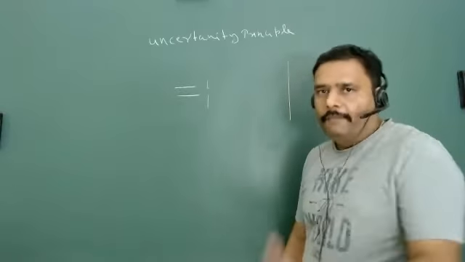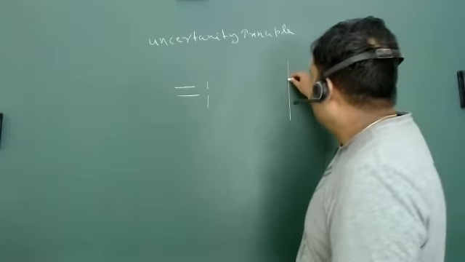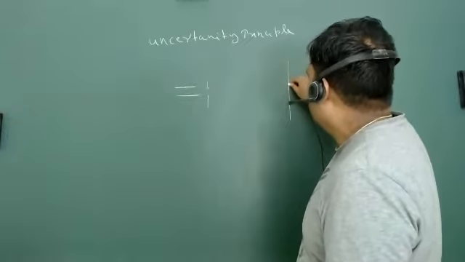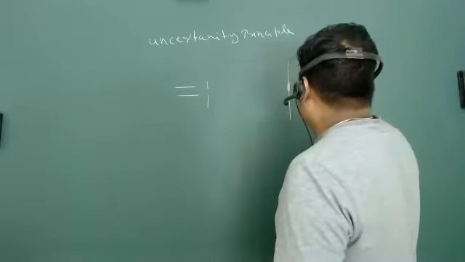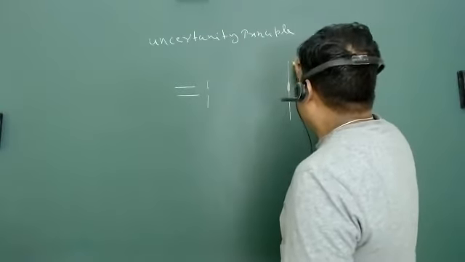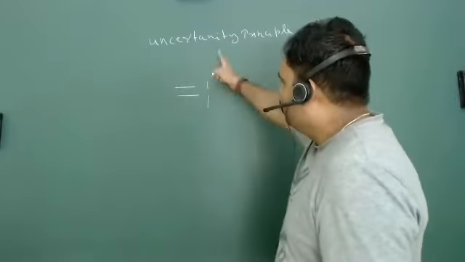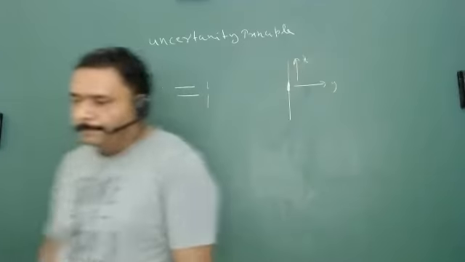What will we see? We will see that there is a spot, and this is your y direction. Let's say this is your y direction, and this is your x direction. So the slit width is in the x direction.